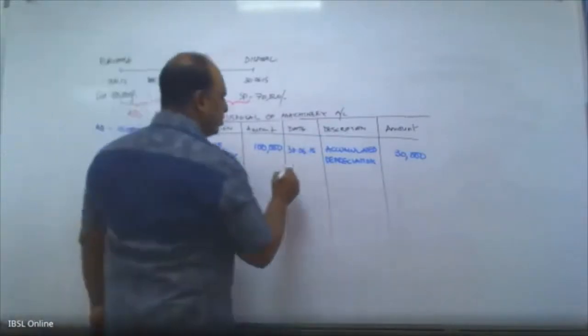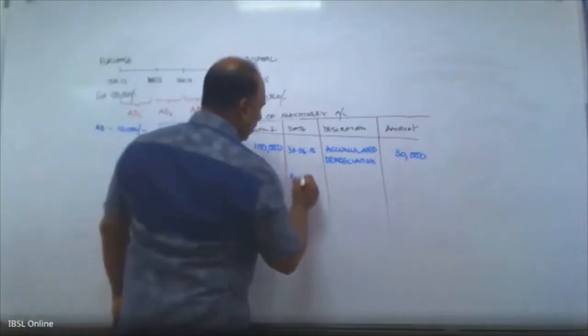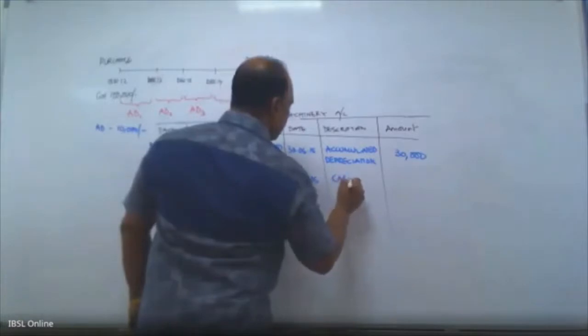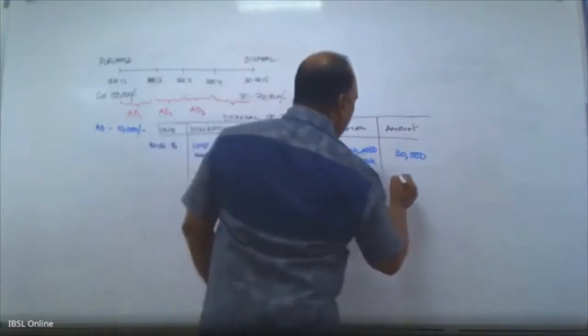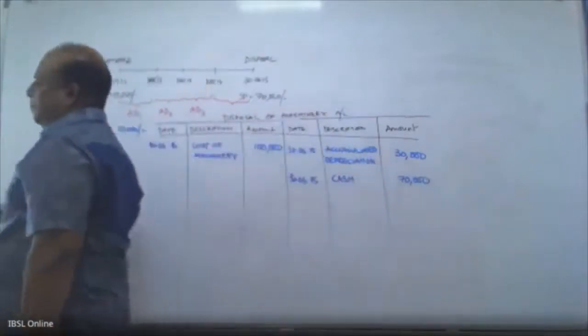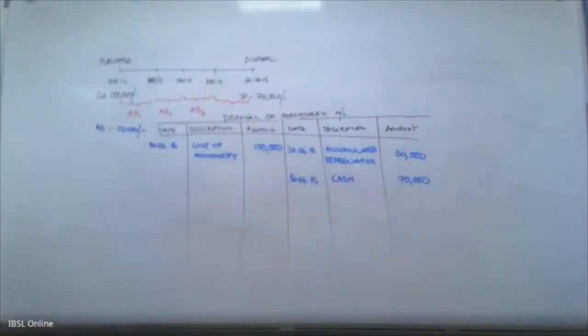And part 3, you have done the disposal, so you have received cash. How much is the cash? You have received cash of 70,000. This is what the T account means, the ledger account.